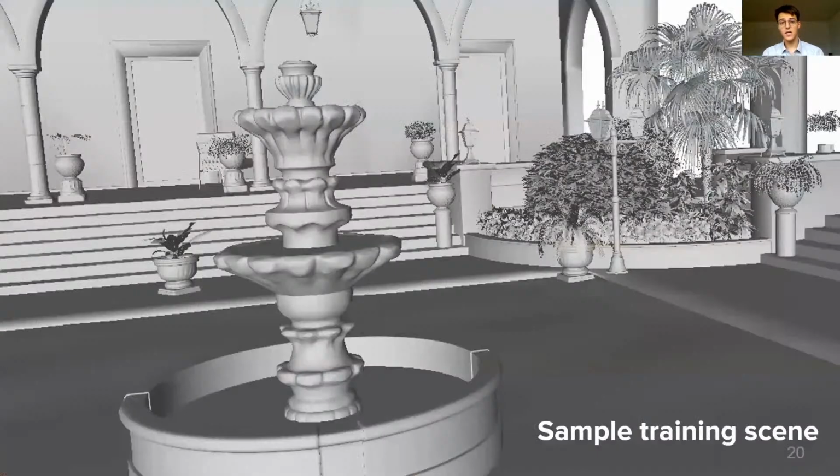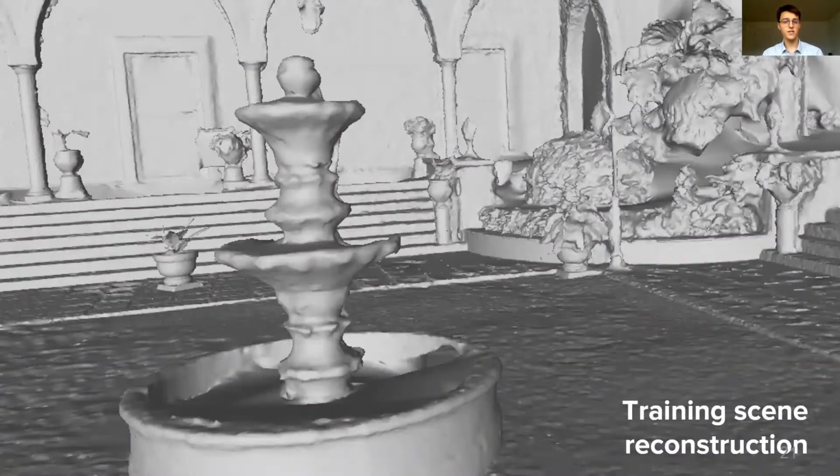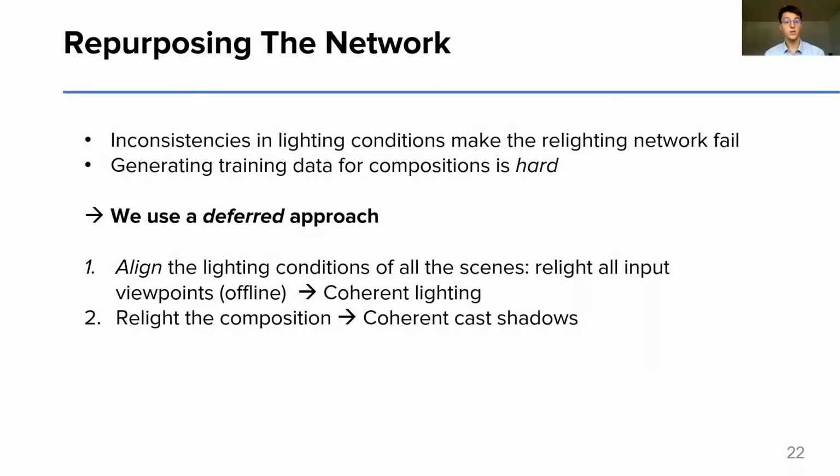On top of that, it was trained with synthetic data, using physically based rendering scenes for ground truth, and the IBR scenes created from these PBR scenes. So we decided to use another approach. We use the network off the shelf and use a deferred approach. In order to stay in the single scene context the network was trained for, we first relight all scenes individually to align the sun positions, and then we relight the final composition in order to generate proper interaction between the parts of the scenes.